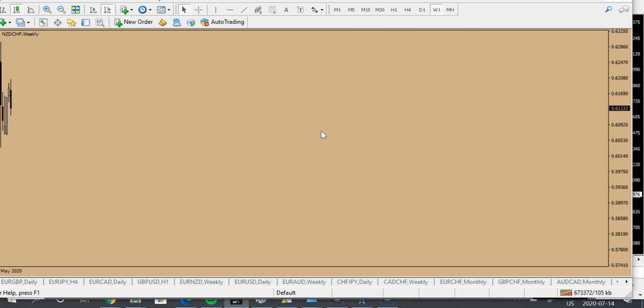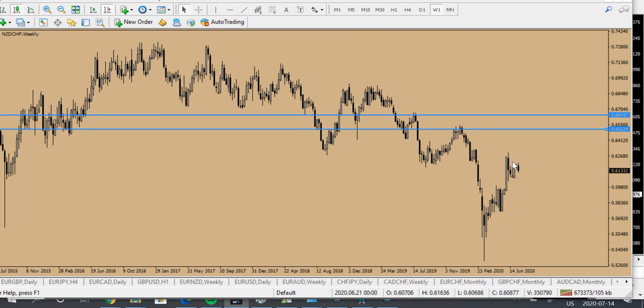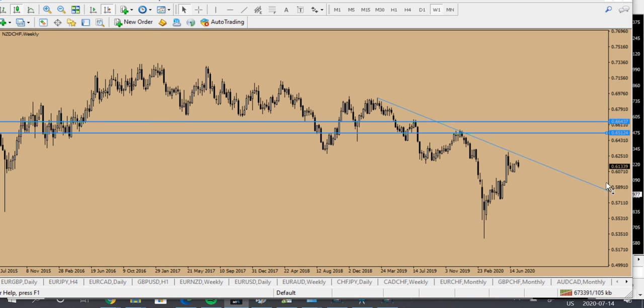So that's a nice entry, if you got it. Because if you look at the trend line, it has hit the weekly trend line. So it's going to go down a little bit.